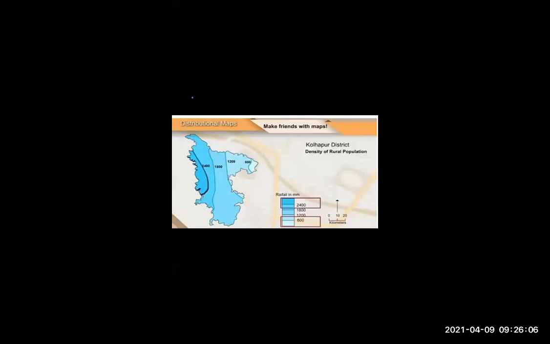In which direction rainfall is more? Exactly correct, student. Now next question. In which direction rainfall is decreasing?